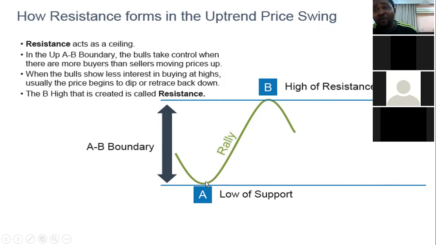This area of supply, they now attract buyers. The buyers now buy, and because we have enough buyers, the price keeps increasing. Price keeps increasing to a point that the bulls, the buyers, stop buying. It's too much, it's too expensive at this level.